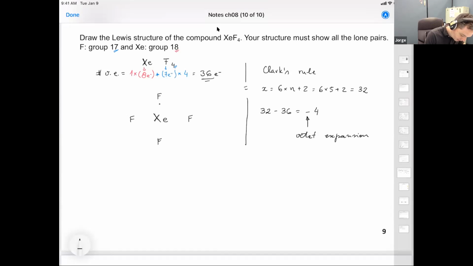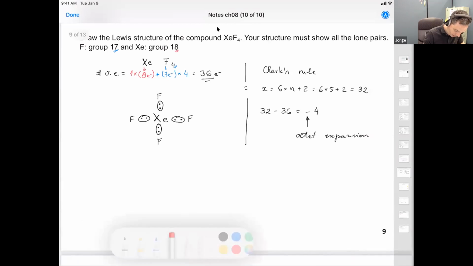If this is a compound, it must have at least single bonds. We are going to indicate that these electrons are being shared by making a circle. And again, let's count how many electrons we used to make the bonds.